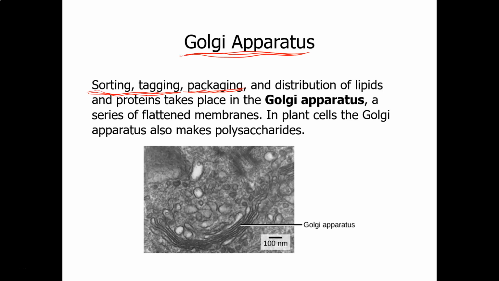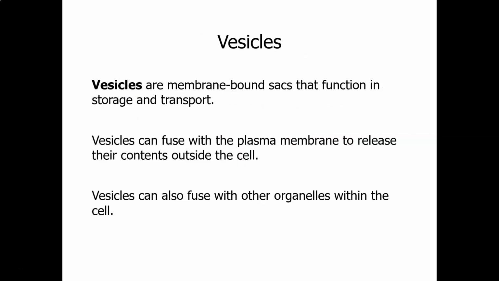So the Golgi apparatus is a series of flattened membranes, and in plant cells, it also makes polysaccharides, like converts glucose to starch, for example.